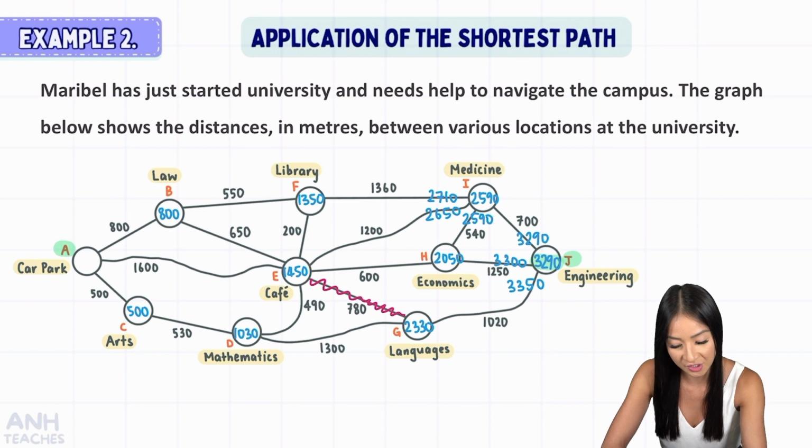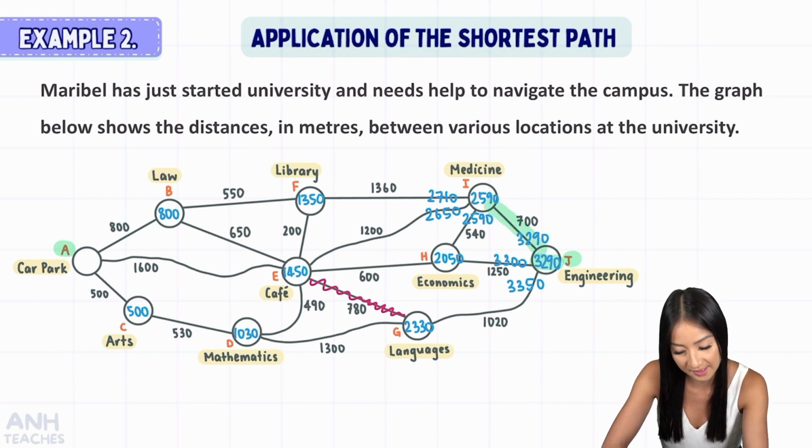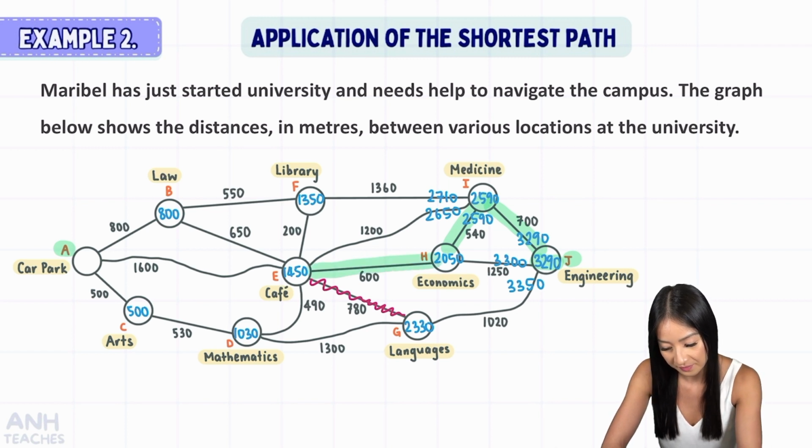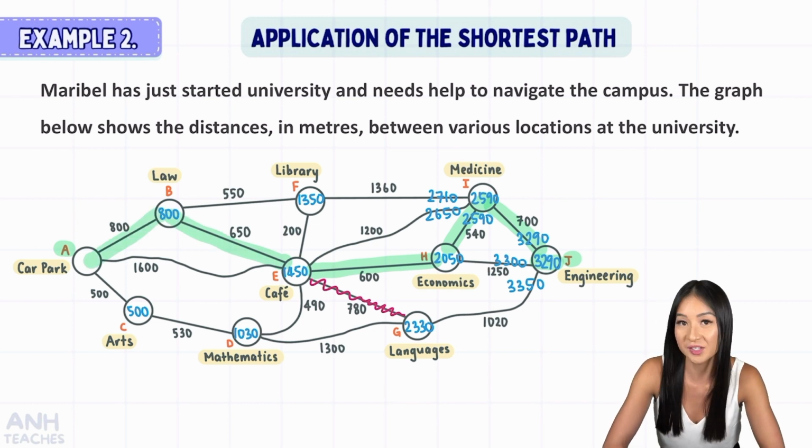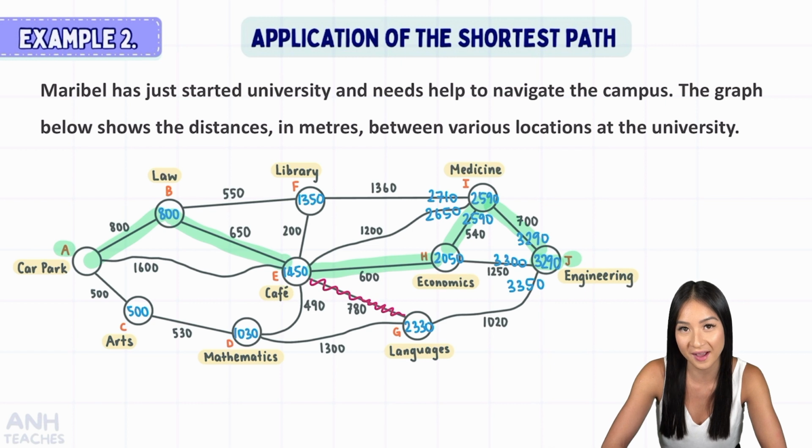So 3,290 came from this 700, 540, 600, 650, and 800. So that is my newest shortest path, and I'm going to write that down in my answer.